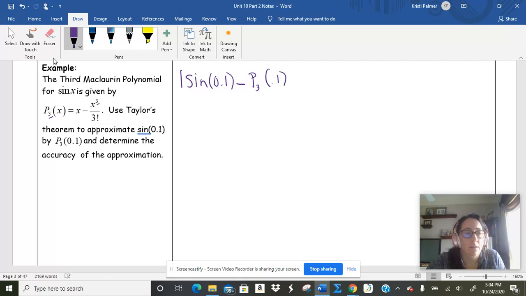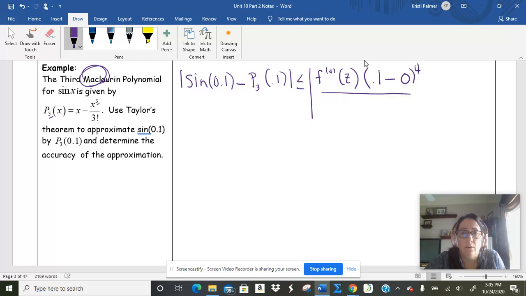Of this is less than or equal to, and if I went to the third degree, the next one I'm going to do here for my error is the fourth degree. So I want the fourth derivative of z times my x minus where I'm centered to the fourth degree over the 4 factorial.